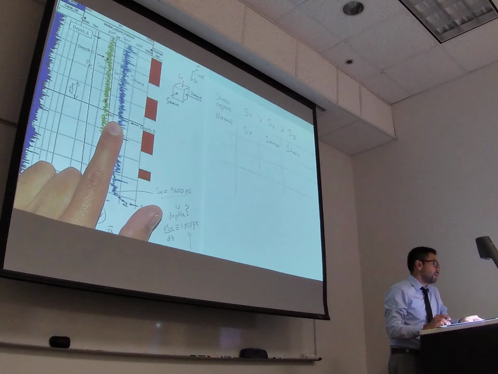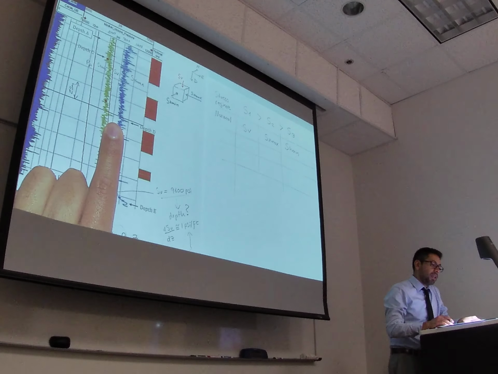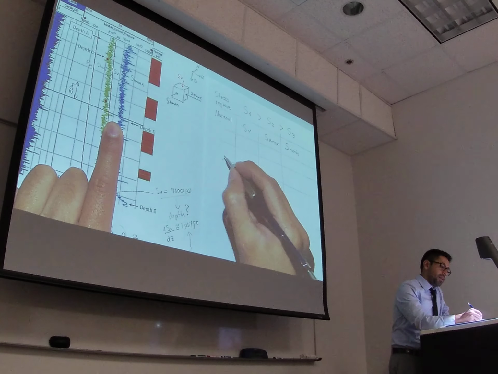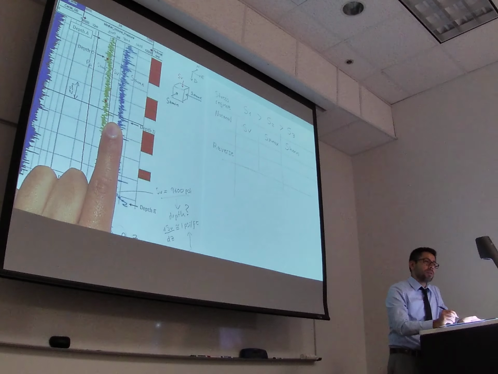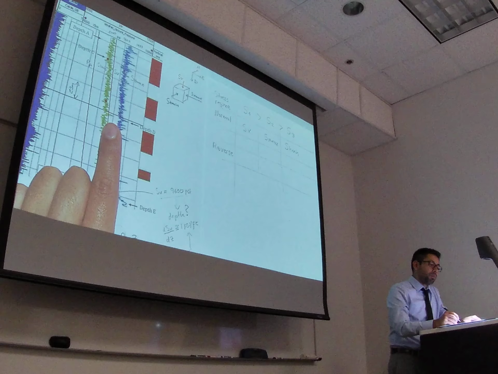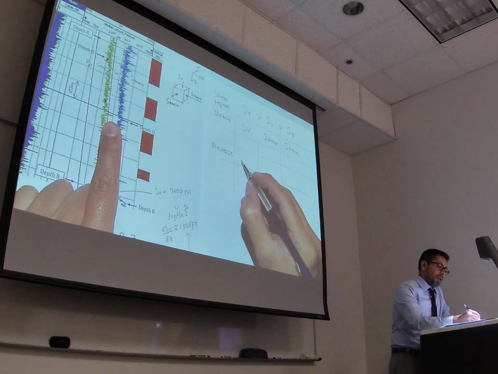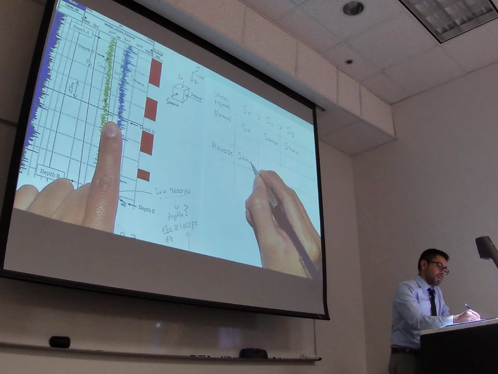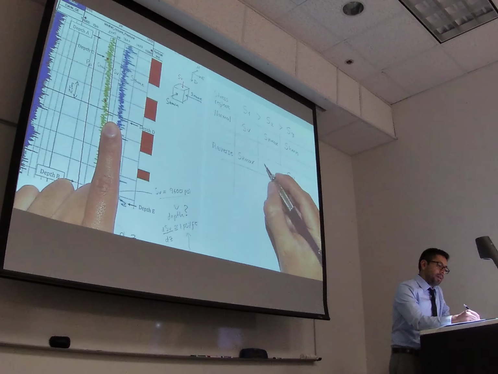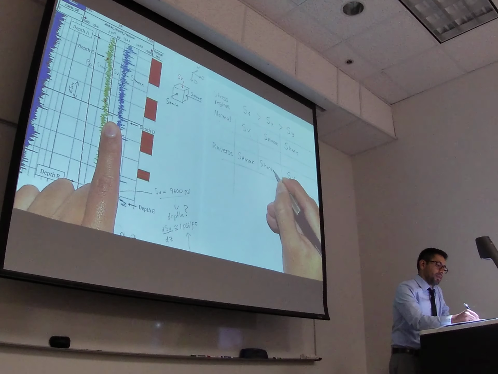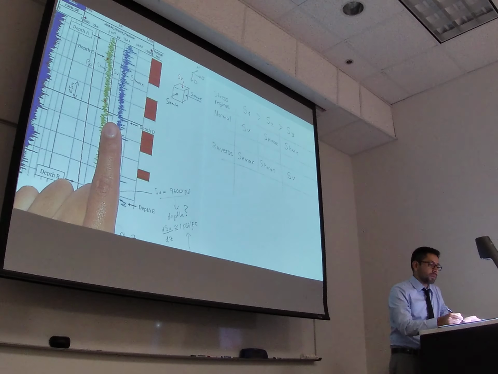Let's go to depth D. In depth D, this place is called reverse, and the maximum principal stress is horizontal. The minimum principal stress is vertical, and the intermediate principal stress is horizontal.